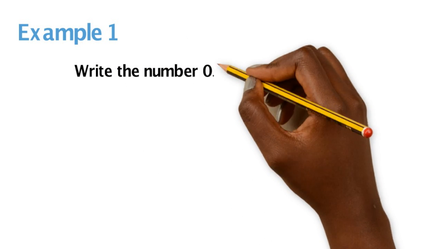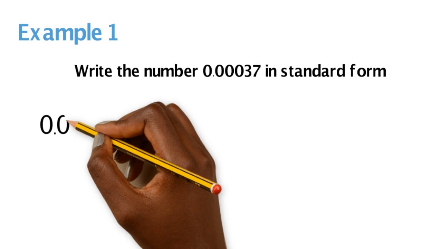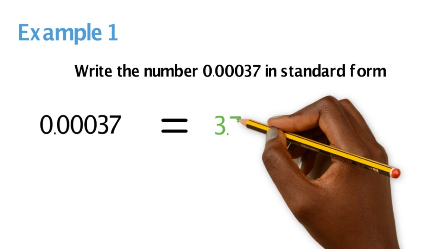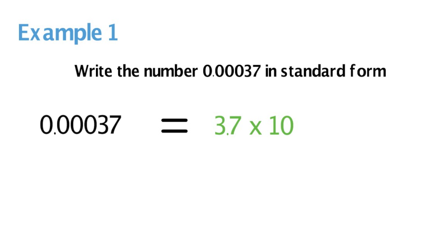Going into a question, example 1. If the question says write the number 0.00037 in standard form, looking at that, I can see that the first number can be 3.7 because that is between our range. So we've got our times 10, then our power.